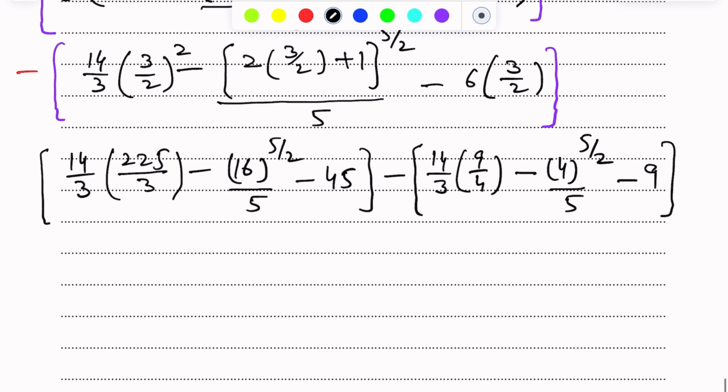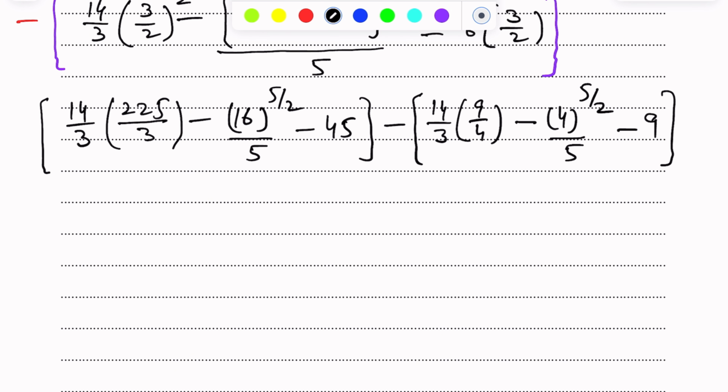Now we will simplify further. We get the answer in decimal places because we have to give the answer up to 3 significant figures.